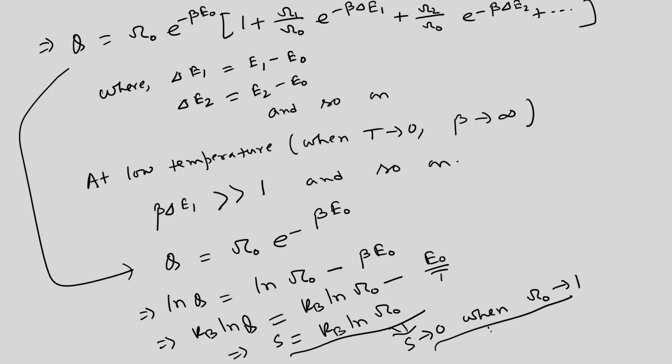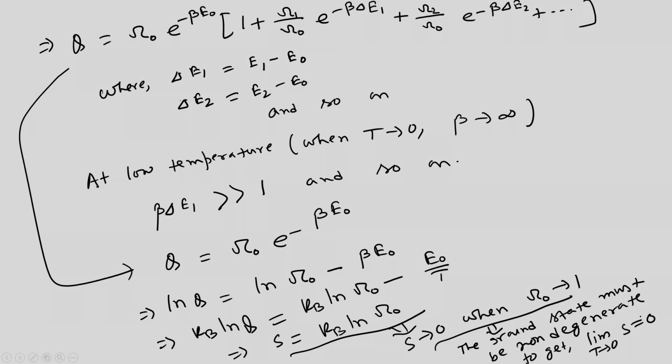That means, in order to hold that claim, the ground state must be non-degenerate to get S goes to 0 as T goes to 0.